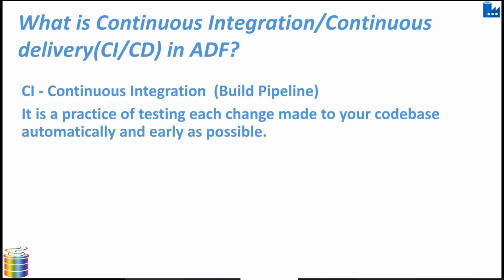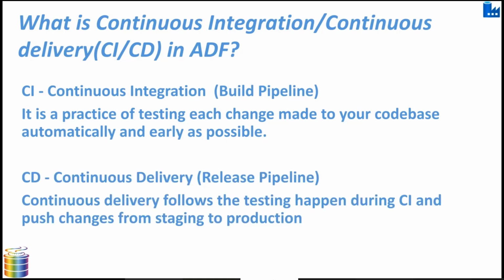Continuous integration is a best practice of testing each change made to your code automatically and as soon as possible. This is also called your build pipeline. First you need to create your build pipeline, and then you need to do continuous delivery, which you can call a release mechanism or release pipeline as well.